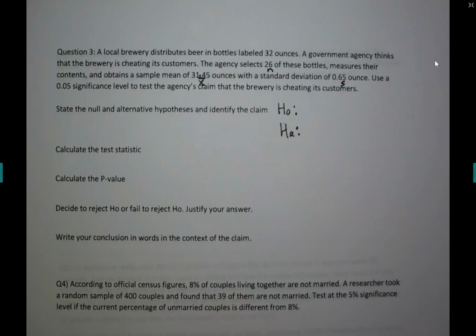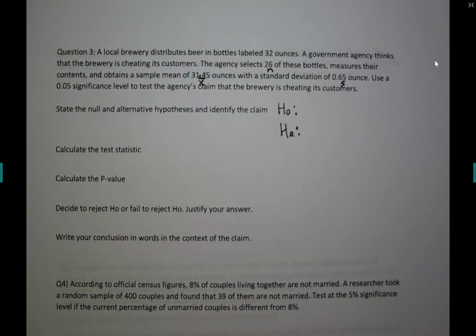If you cheat someone, let's say they want to buy fruit, and you tell them, well, this is 7 pounds, but you cheated them. When you cheat them, what does it mean? What does it mean that you did? You gave them less. Thank you. You give him less. But when you say not equal to, it means it could be more, it could be less. Well, more is good. That's not cheating.